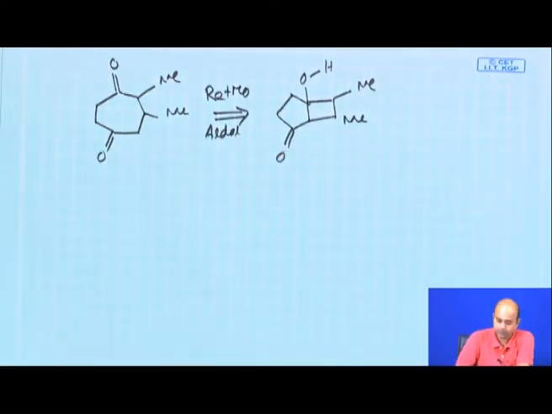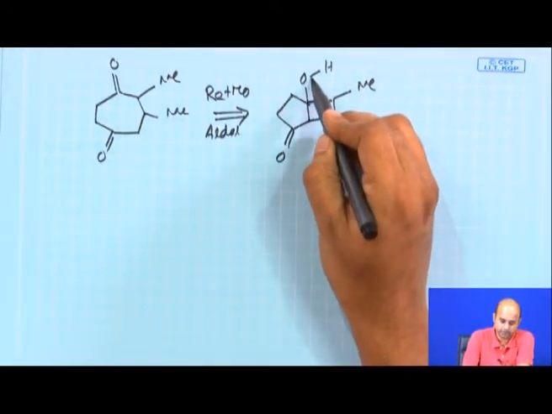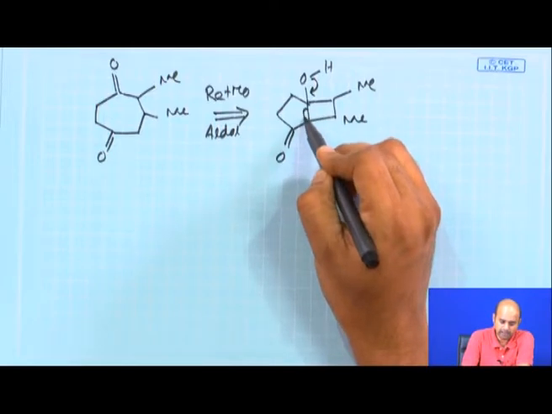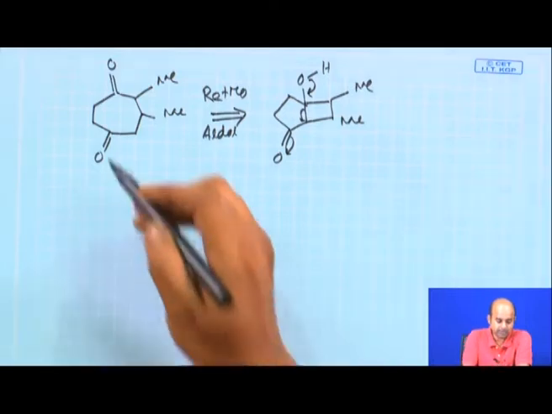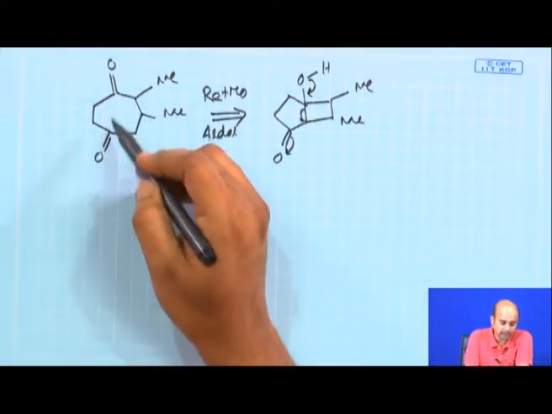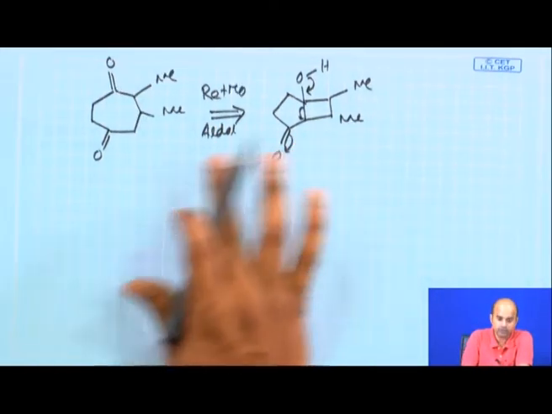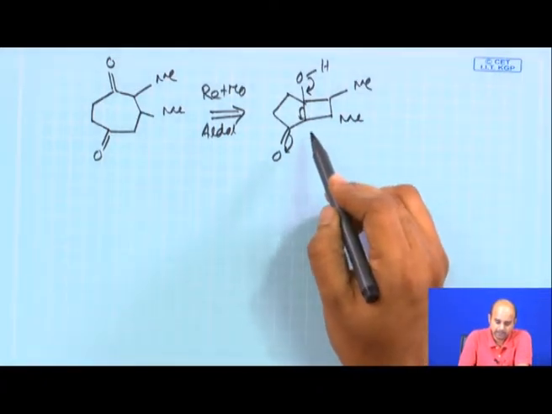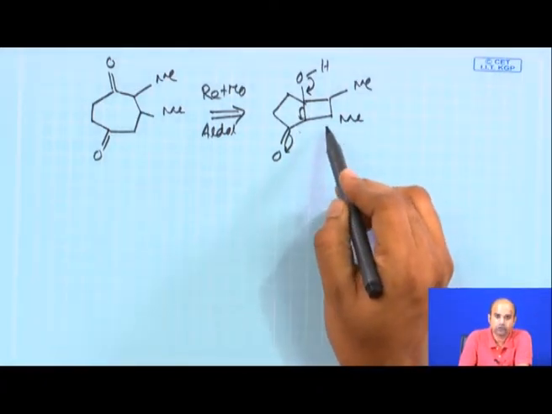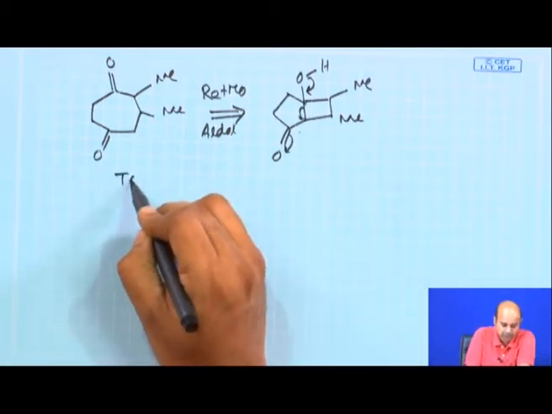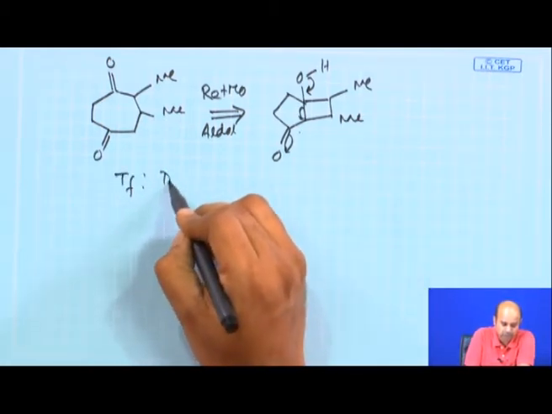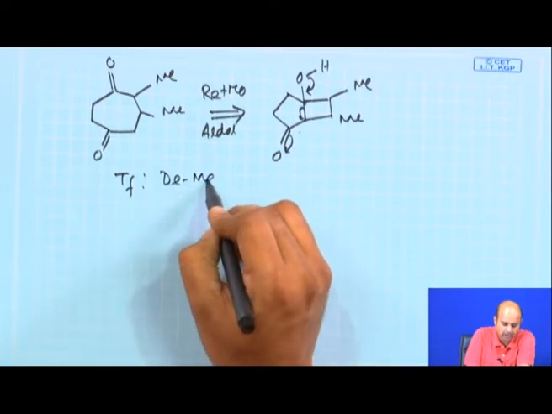Now, how does it go? It basically goes through this pathway, this and this and this. Eventually you need to have a 1,4 dicarbonyl in your target structure. Now, this is a 5 and 4. This transformation, which is crucial and which we already talked about, is a De Mayo reaction.